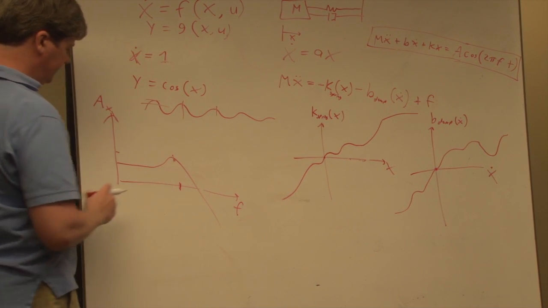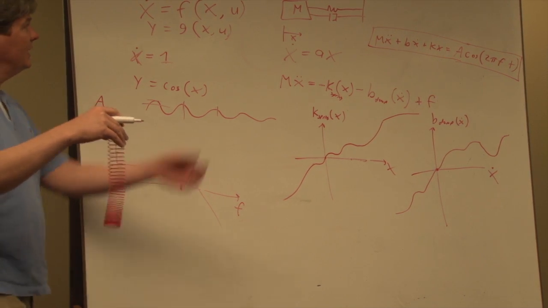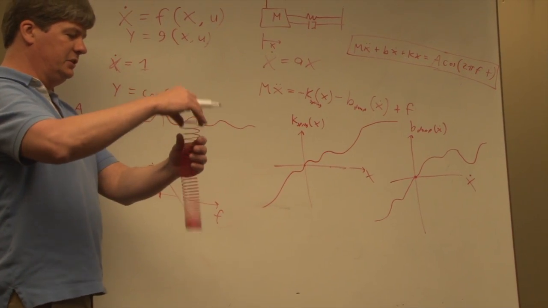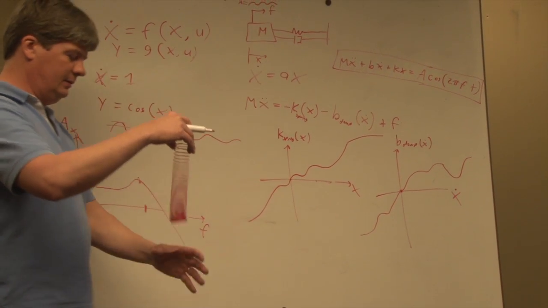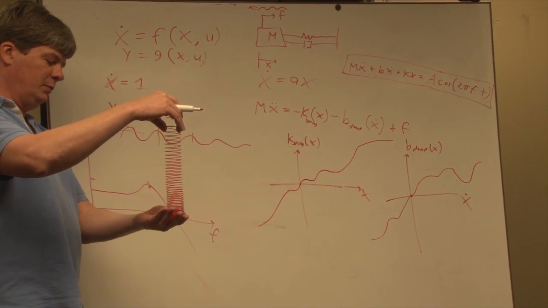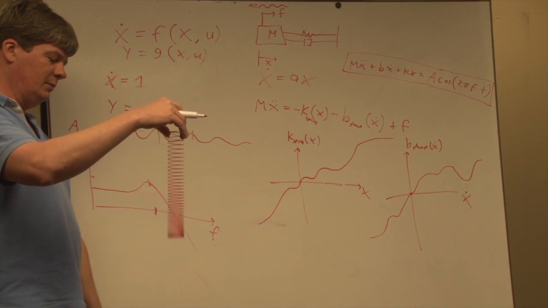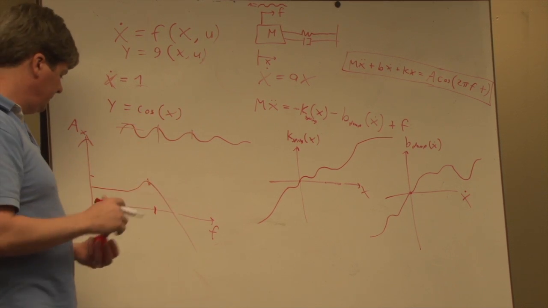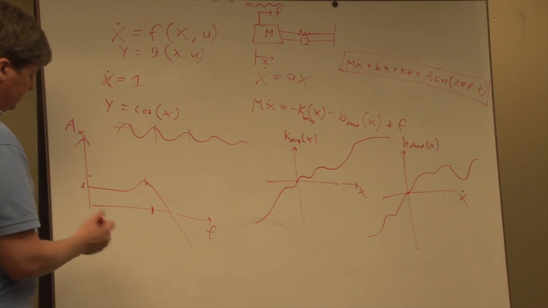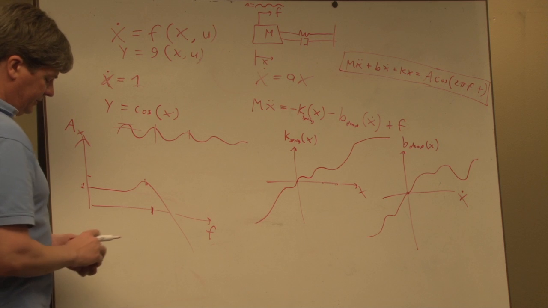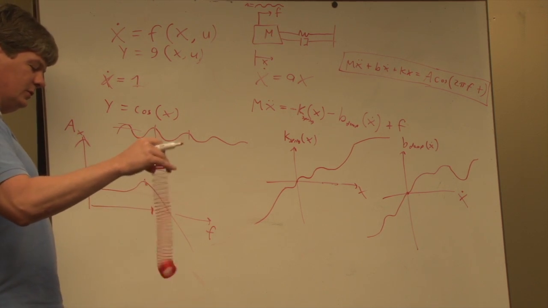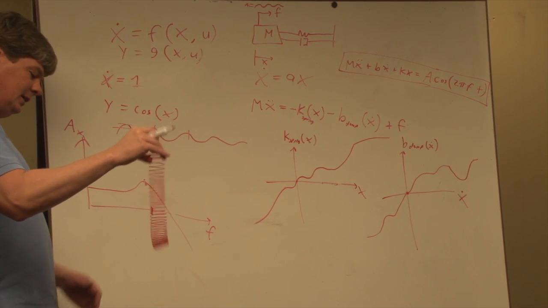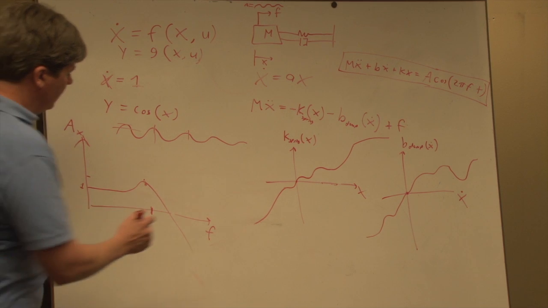And then at low frequency, for this, it's kind of different because I'm putting in a position here, really. But the position, how much it moves on the output at really low frequency is going to be exactly how much I move the input. So it's going to be 1 at low frequencies, or 0 decibels. And then at high frequencies, it's pretty much going to be nothing. If you can do this super fast, the output really won't move at all.